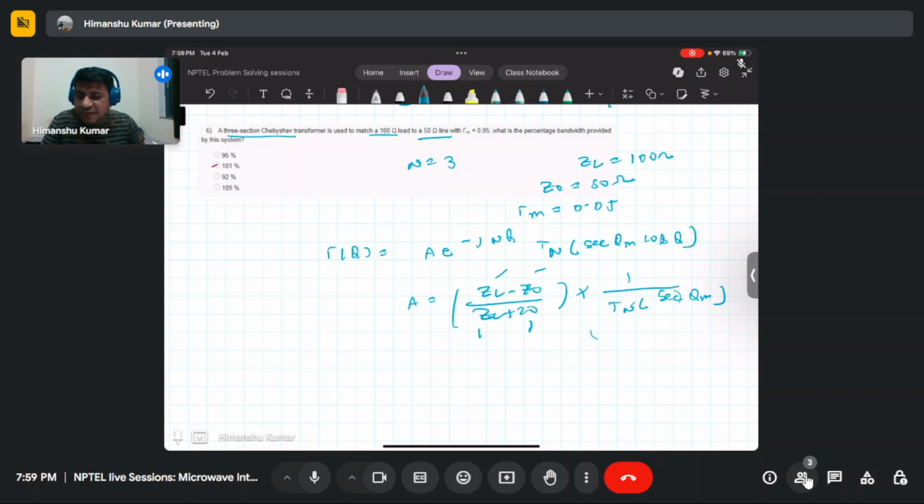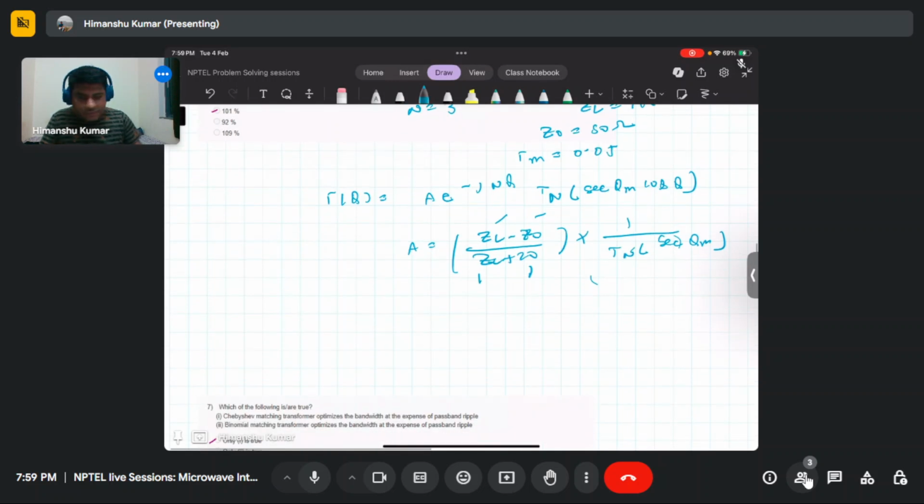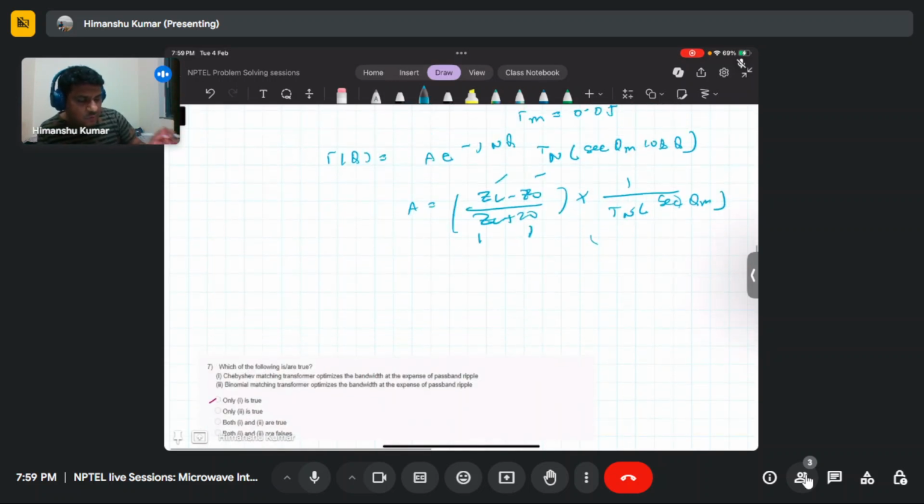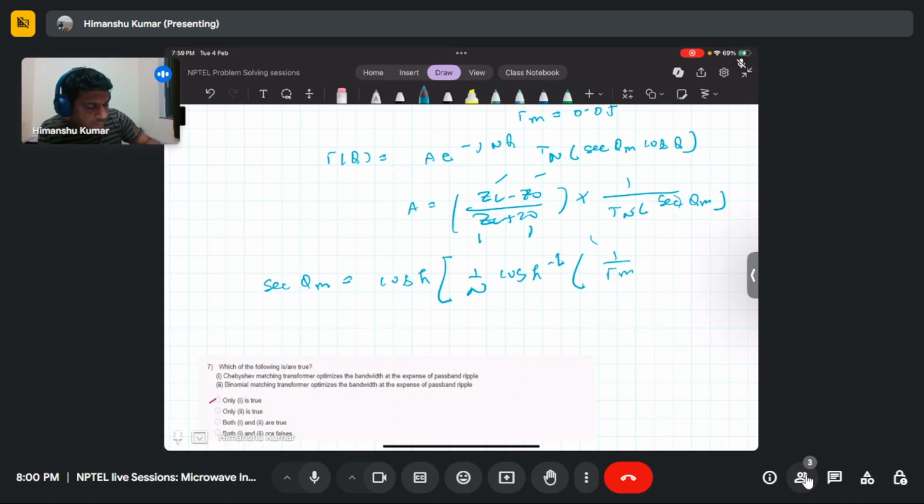Now you know ZL, Z naught, and ZL plus Z naught, and T n of sec theta m you can calculate from this expression. If you put it in the gamma equation, then sec of theta m is cos hyperbolic of 1 by n times cos hyperbolic inverse of 1 by gamma m times (ZL minus Z naught) divided by (ZL plus Z naught).